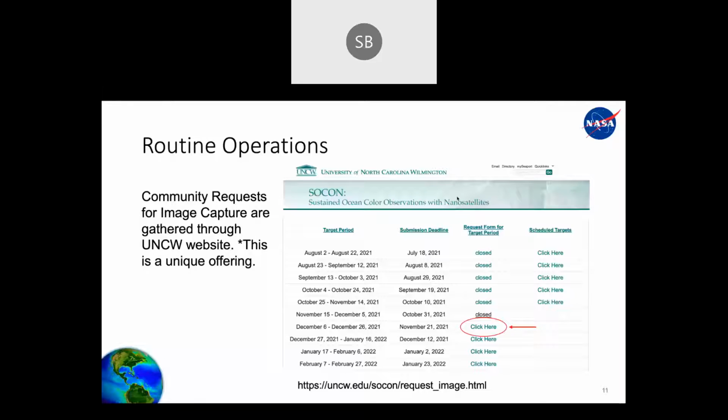If you go to the University of North Carolina website, you can drill down to the image request page, and you can click on the request form here and make your request for certain periods of time. Because we schedule these weekly, there's a period of time when requests are accepted for a particular time in the future.